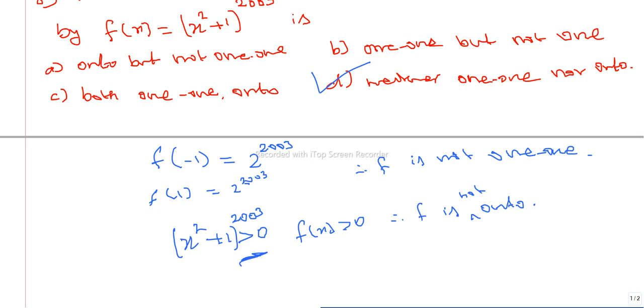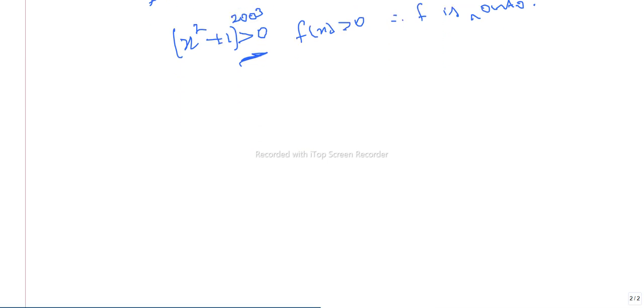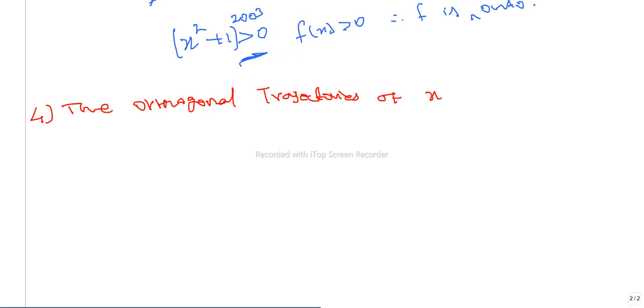Now, the next question: orthogonal trajectories of the family of curves x square plus y square equal to 2 times cx, where c is an arbitrary constant.